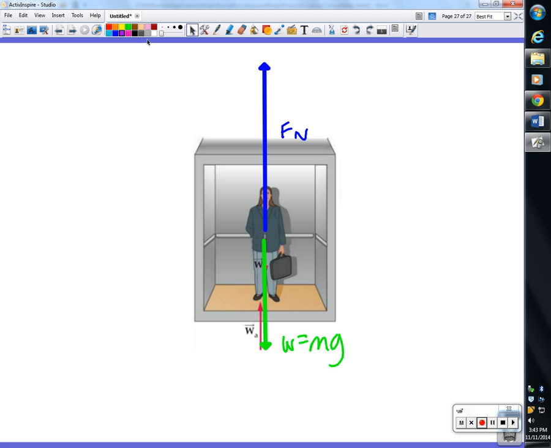If you're moving upwards, if you have velocity in the upward direction, in order to slow down, you need to have acceleration in the downward direction. Right? Velocity and acceleration in different directions results in slowing down.